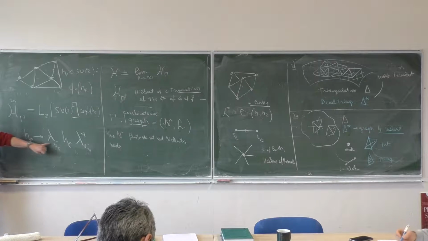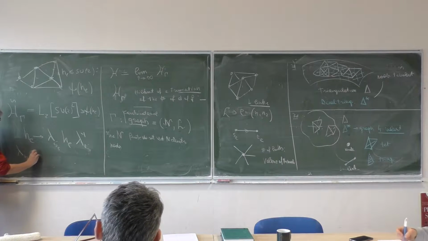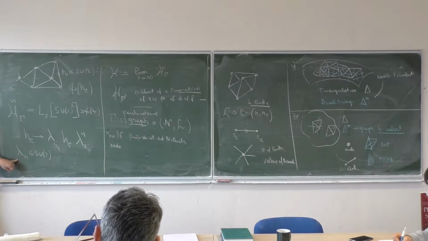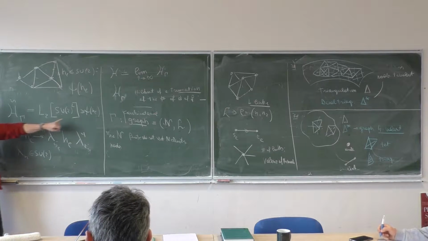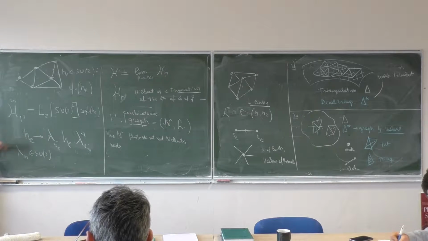So I have a gauge transformation. What is a gauge transformation? A gauge transformation is a group element lambda for each node. For each node, I choose a group element, an SU2 group element. And I want this to be a gauge transformation, meaning what? I want my state to be invariant under that.